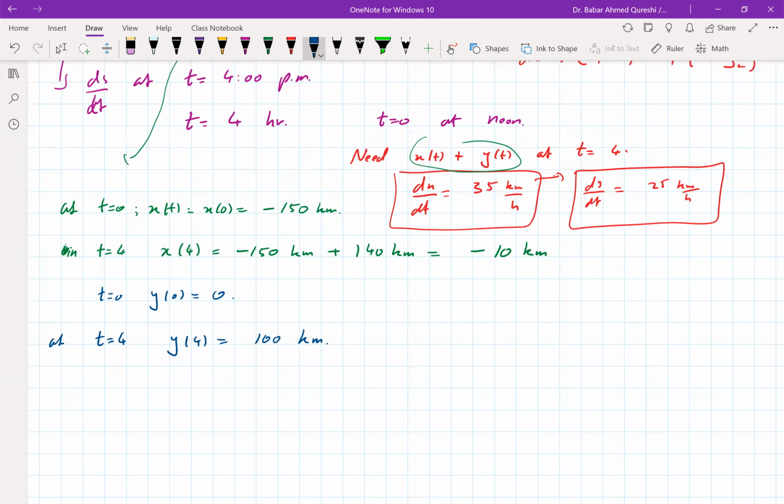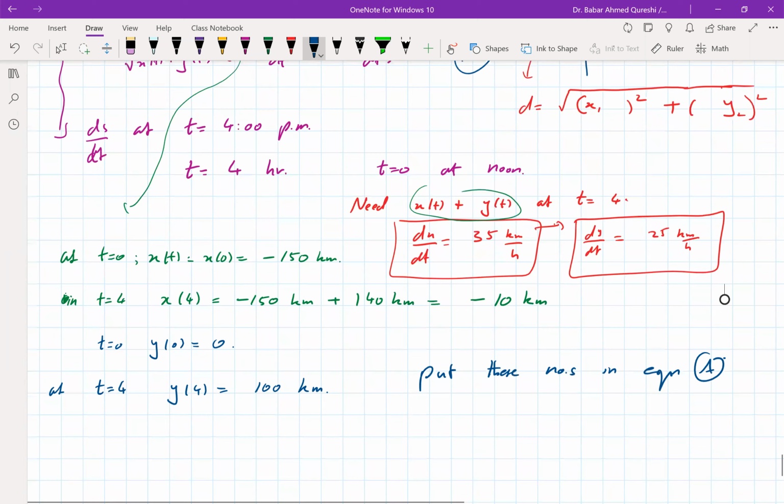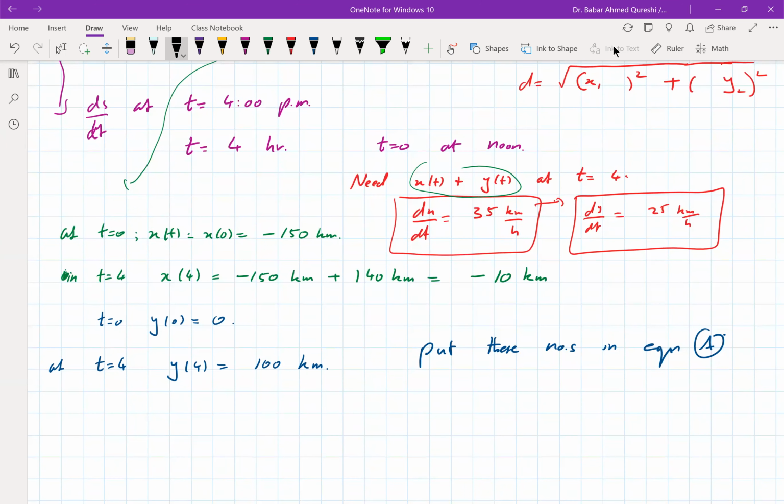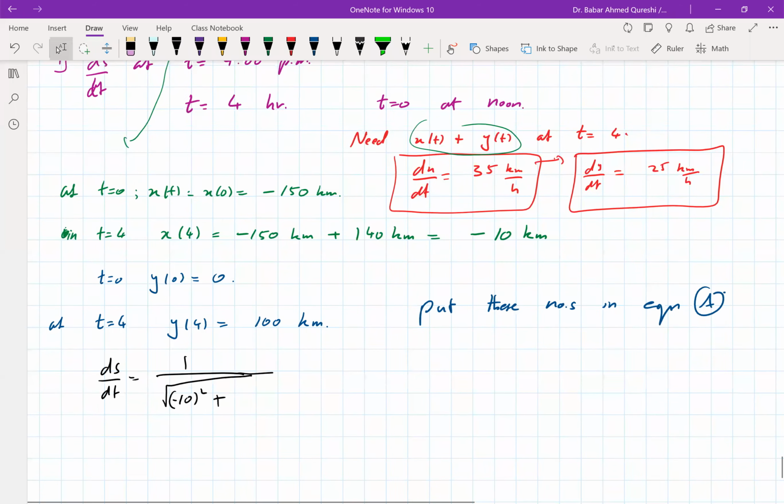So I put these back. Let's call it A. Put these numbers in equation A. So you get something like 1 over square root of minus 10 square plus 100 square, and this is all a kilometer square.